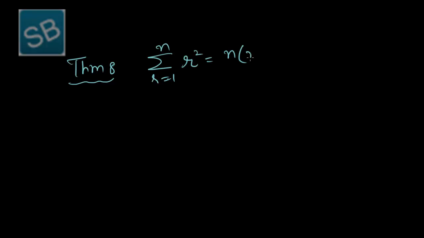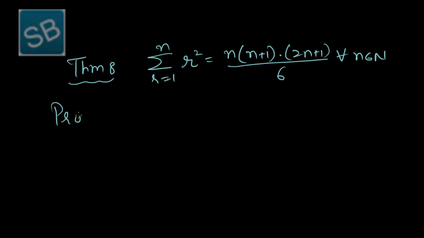Now we will do theorem 8 that involves sigma r from 1 to n r square is equal to n into n plus 1 into 2n plus 1 over 6 for all n belongs to natural numbers.